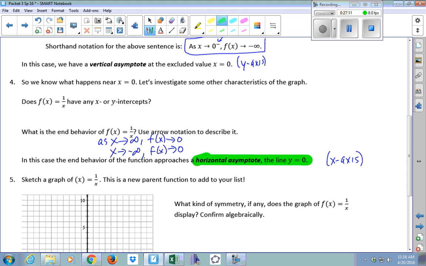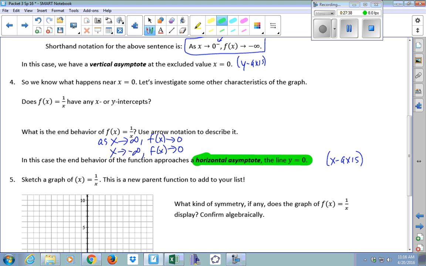The difference now with end behavior with these rational functions is that the value of your function actually approaches a number for many of them. It's not infinity or negative infinity like you were used to. It's the value that the function approaches. And that's the big difference between end behavior for rational functions and polynomials.